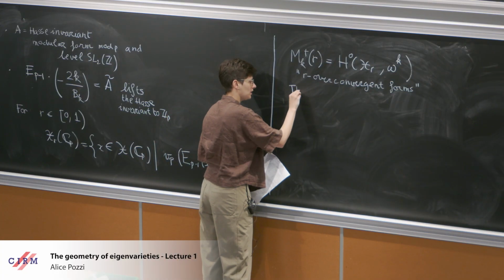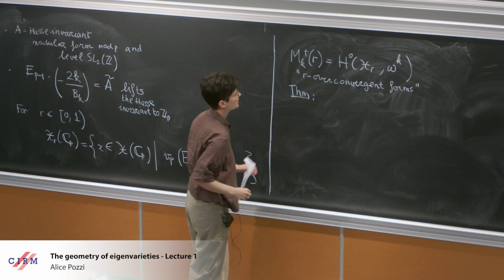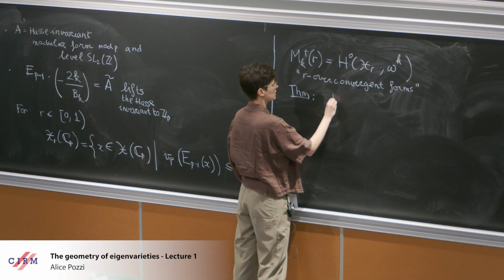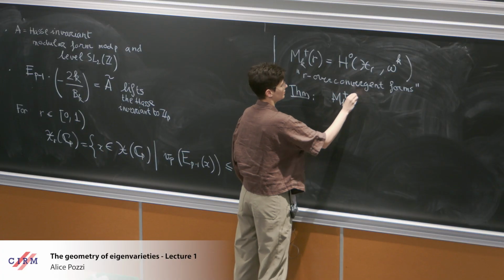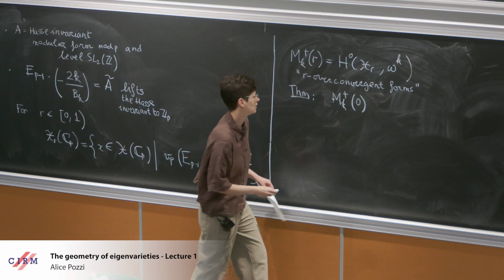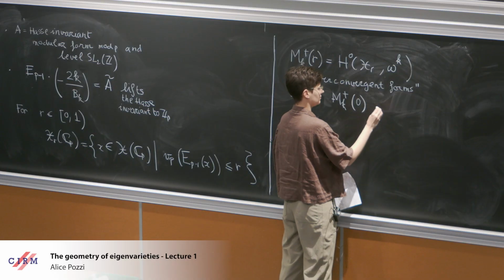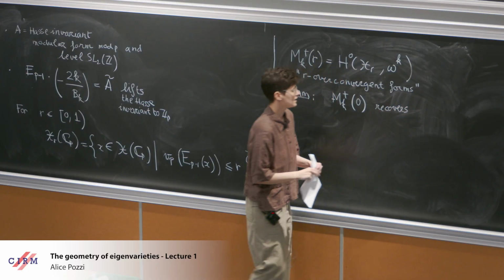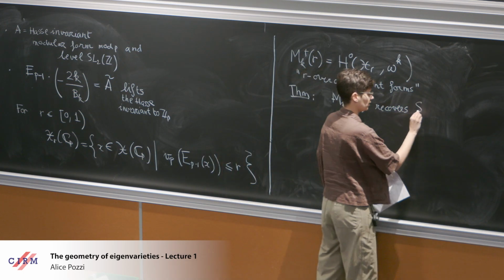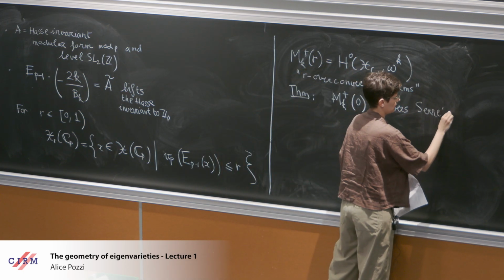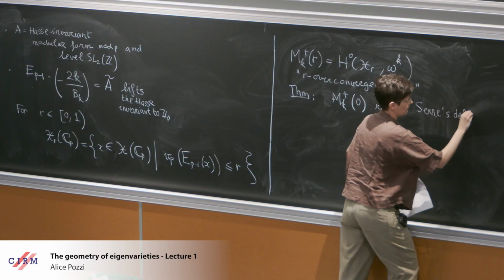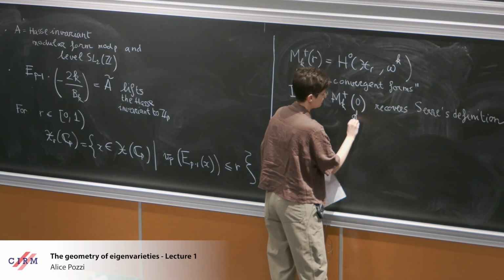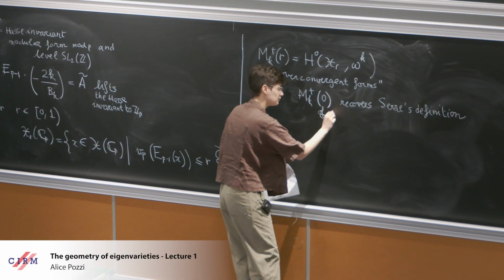So a theorem of Katz tells us that if I take r equals 0, so I look exactly at the ordinary locus, this definition recovers Serre's definition of p-adic modular forms of weight k, if you've seen this before.